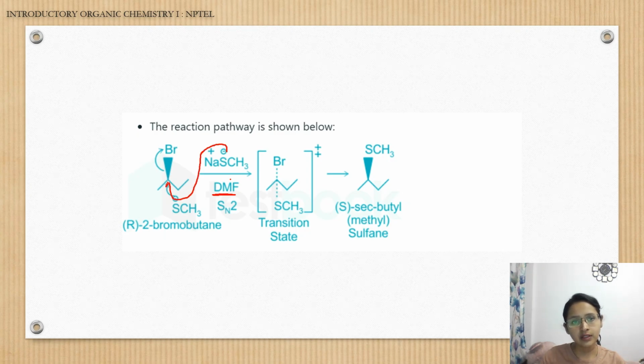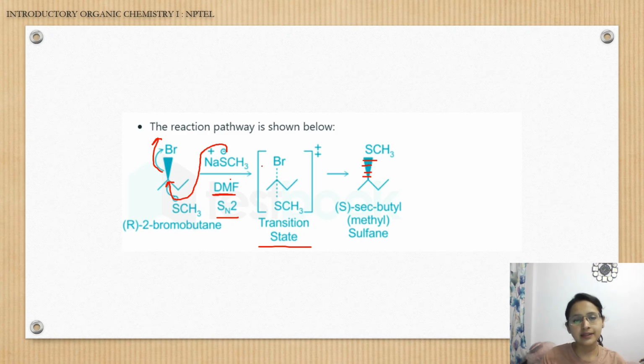Sulfur first attacks the carbon, the Br knocks out, and you generate a pentavalent transition state, which is there in the case of SN2. So a pentavalent transition state will form, and inversion in the configuration will be observed. If the Br is leaving from above the plane, then the product will have below the plane stereochemistry. So there is an inversion in the stereocenter.